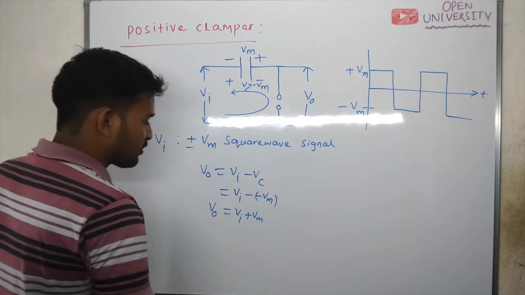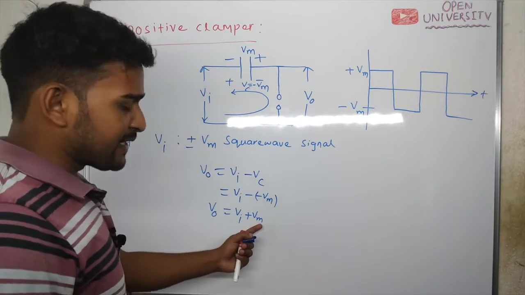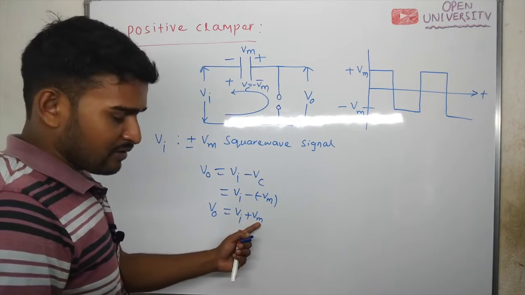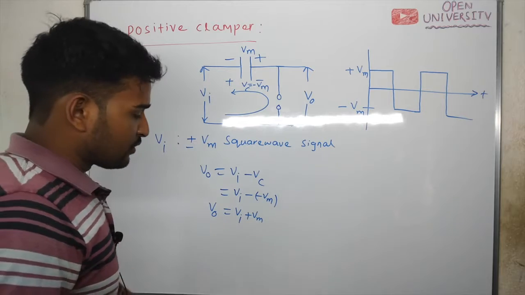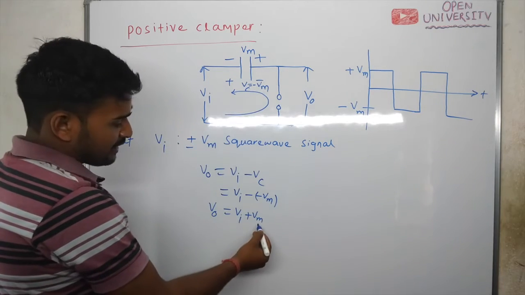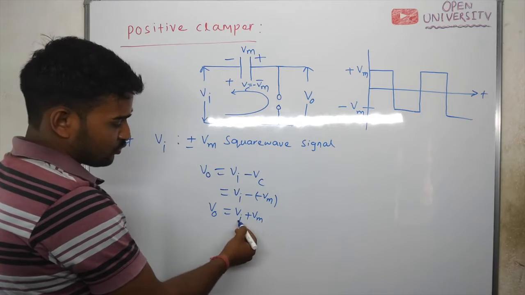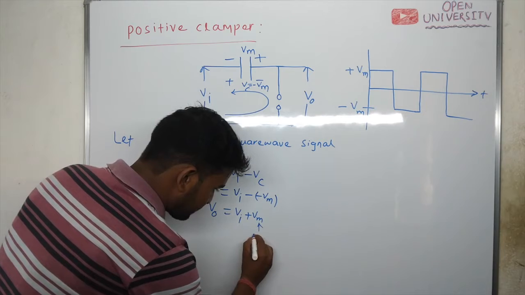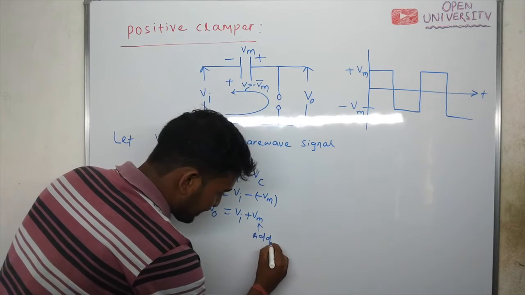This is your output voltage. And this Vm is constant. It is the voltage across the capacitor, so this is the constant or DC value. This positive clamper is adding positive DC voltage to the input waveform. This is the added DC voltage.